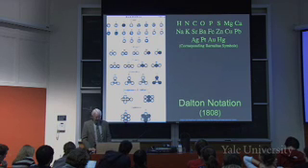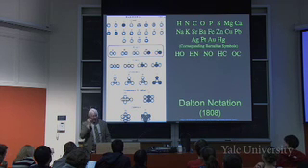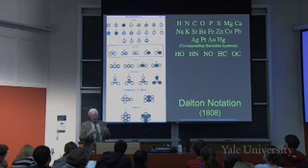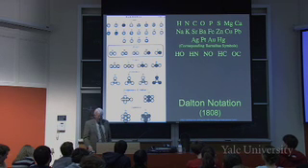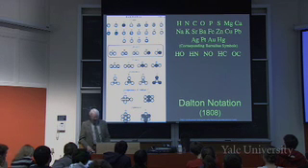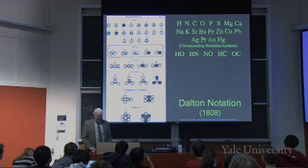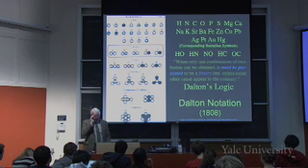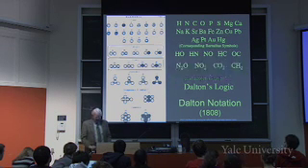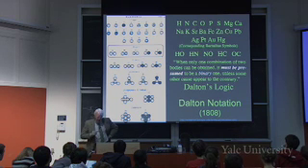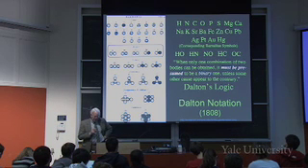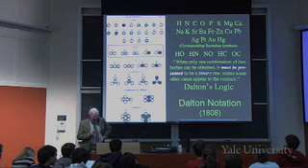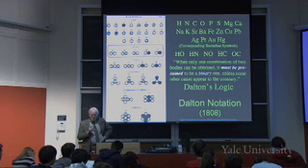Now, down below that are binary symbols. So you put two elements together, like H with O, H with N, H with C, O with C. Now, here's Dalton's logic about these symbols. He says, when only one combination of two bodies can be obtained, it must be presumed to be a binary one.